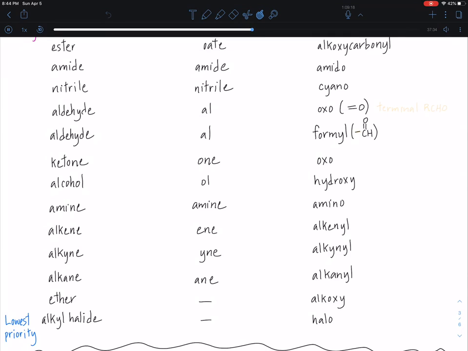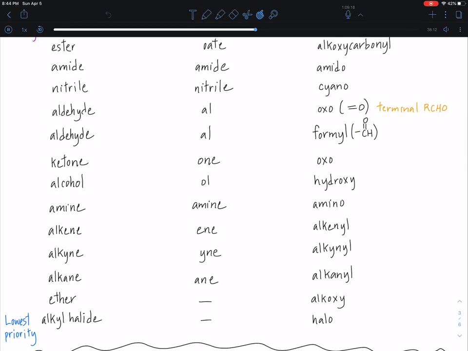In both cases, the suffix is al, but if you've got a terminal aldehyde, so for a terminal aldehyde, if it's going to be named, say for example you have an ester that has aldehyde functionality, and the aldehyde functionality is on the end of the chain, right? Then we're going to use the prefix oxo to designate that oxygen in the carbonyl of the aldehyde. That is the substituent. I will give examples of this.